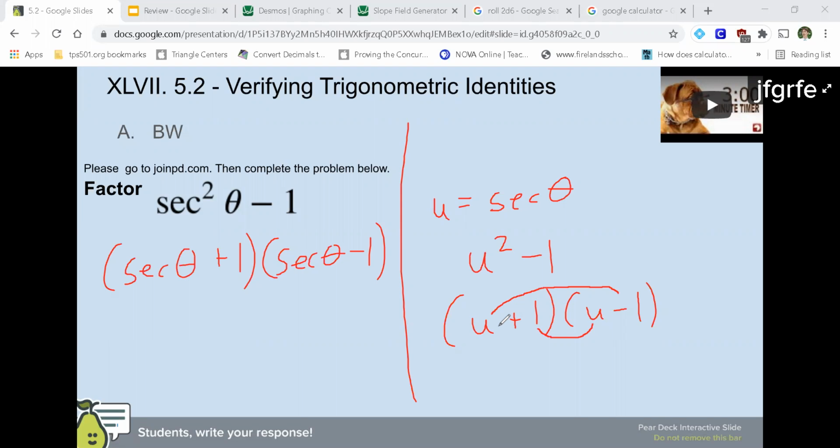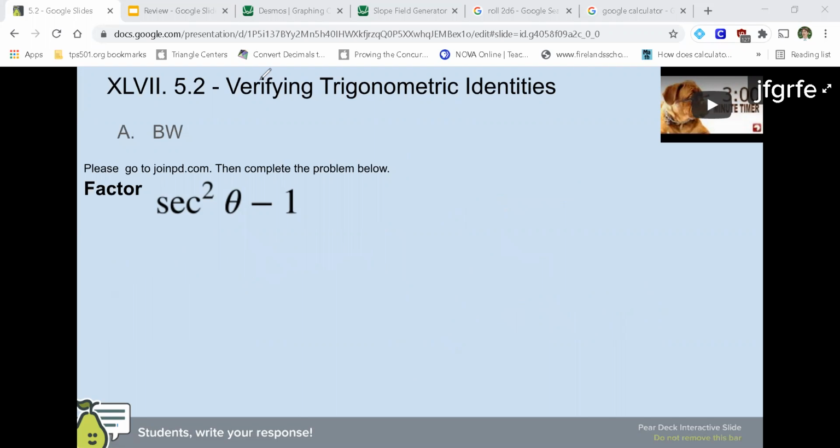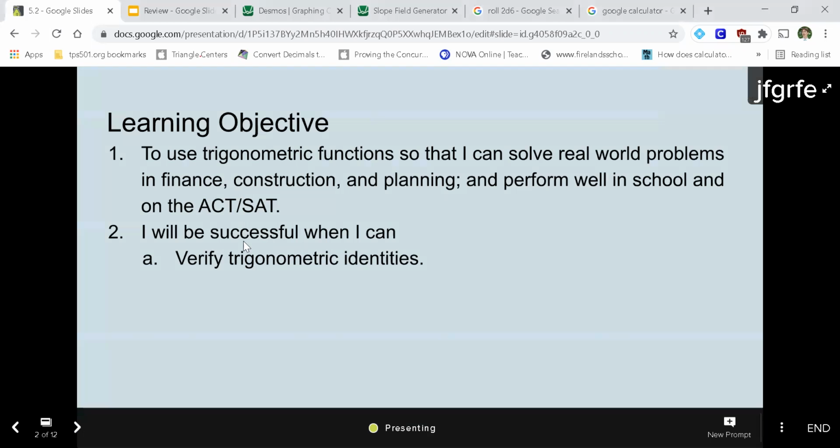Okay. Today, we're not really doing anything new. We're just doing harder problems like we did in 5.1. The prompt is slightly different.